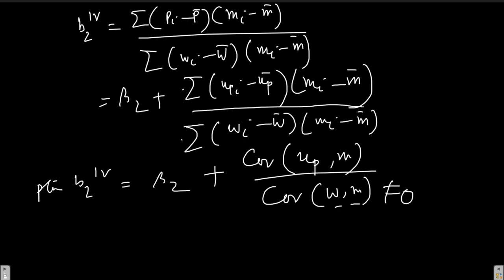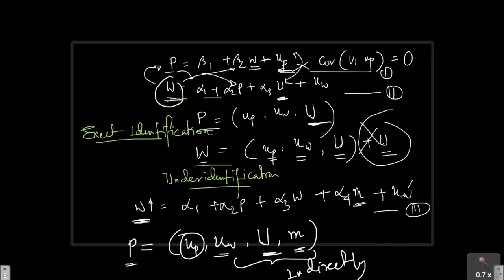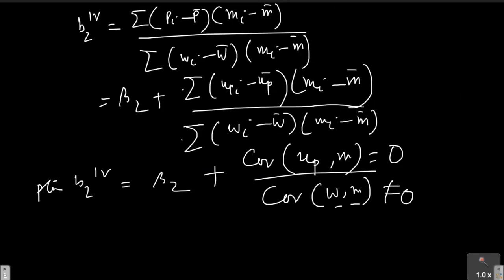So I'm fine. And here UP and M are not related. M is coming from the third equation and UP is coming from the first equation, so they're not related. So I can write this equal to 0. So essentially B2 IV is an unbiased estimator of beta 2, and for large n, B2 IV is converging to beta 2.